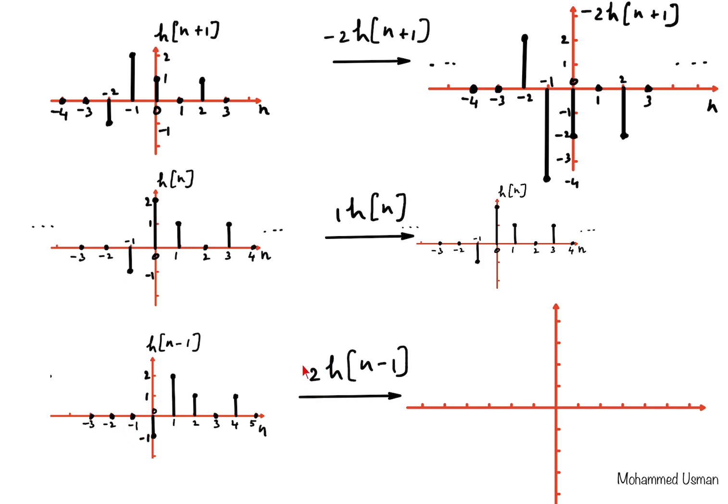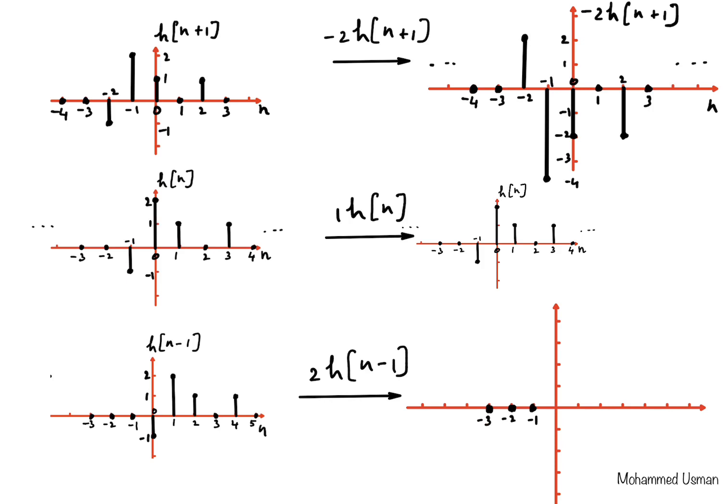That means each of these samples will get multiplied by 2. So when n equal to minus 3, minus 2, and minus 1, the value of h of n minus 1 is 0. So these get multiplied with 2, so 0 into 2 remains 0 for all those 3 terms. So we'll have still 0, 0, and 0 for minus 1, minus 2, and minus 3.